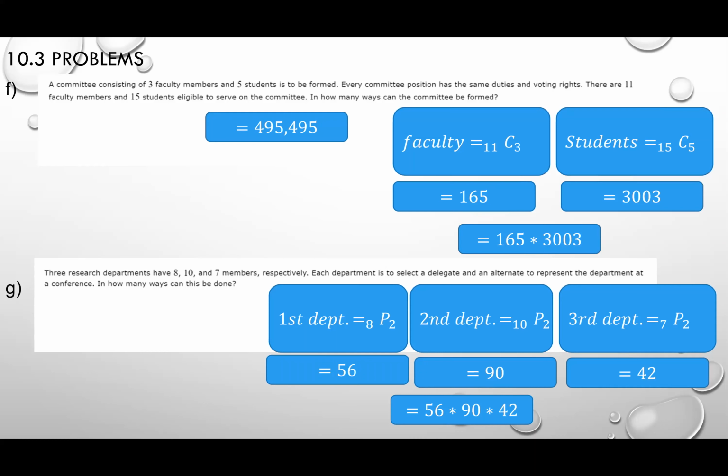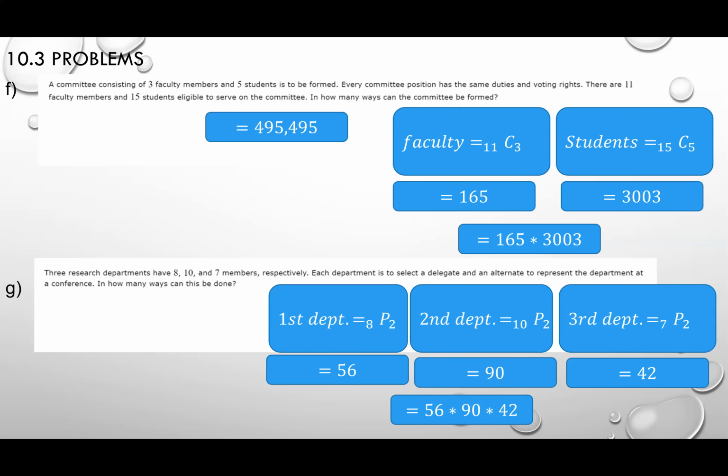And the only reason why I'm not using the C is because they give us a specific title. If they tell you that you need a president and a vice president, that's your title. In this case, the title is the delegate and the alternate.